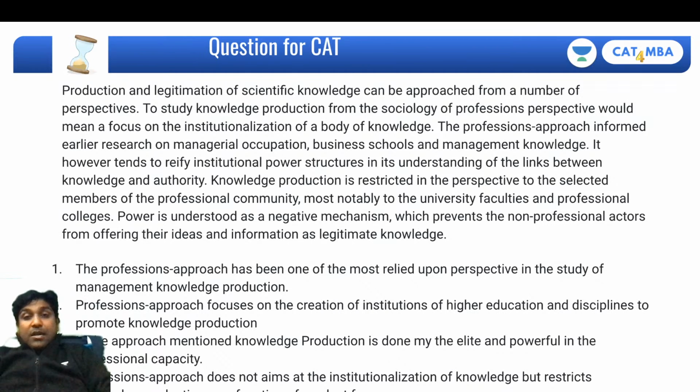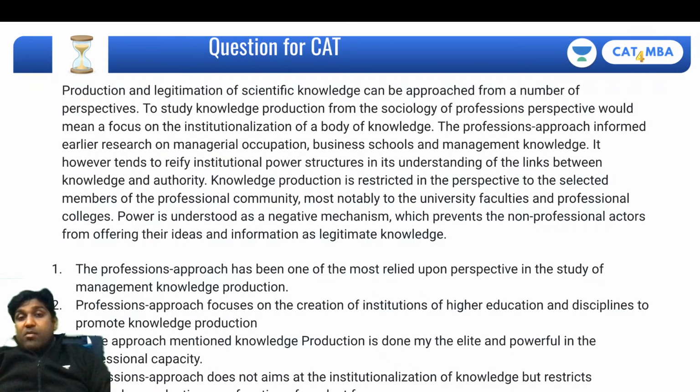That means that in a professions approach, the very aim of it is the institutionalization of a body of knowledge.